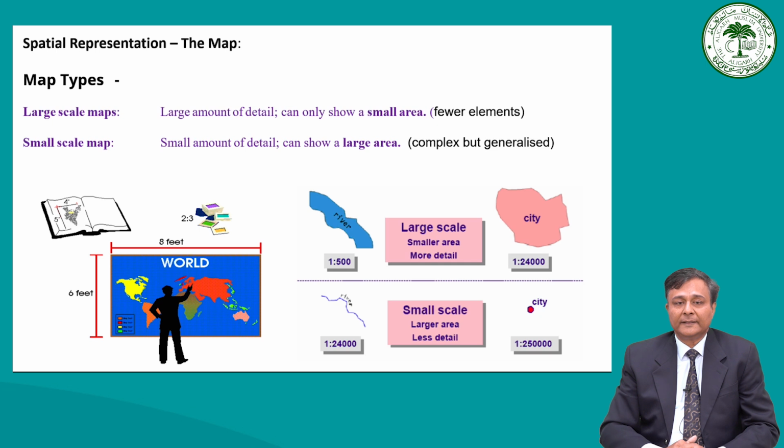And the river is also a polygon, whereas in small scale, although it represents a larger area, the details are lesser, where the city would be represented by a point and the river would be represented by a line. So that is the difference when we change the scale. So this is one way of representing spatial information, and this kind of map is dependent on the size of the scale.